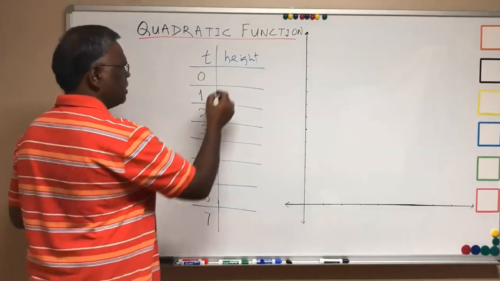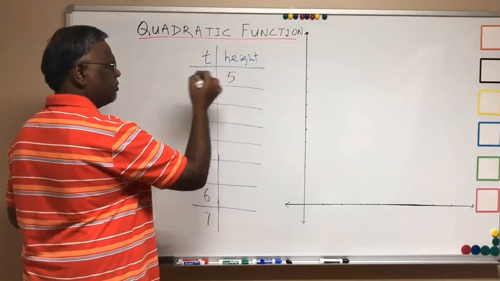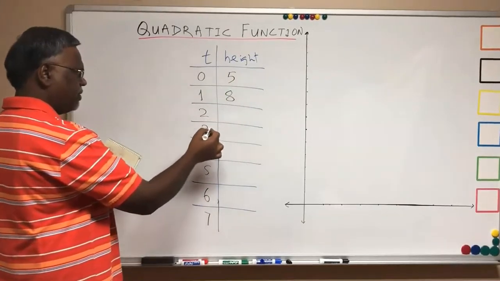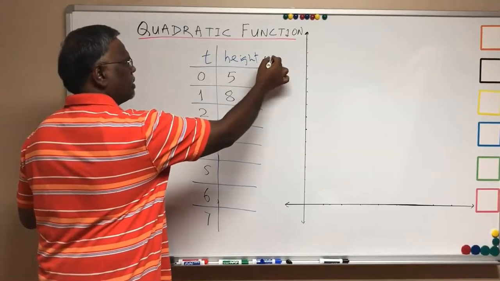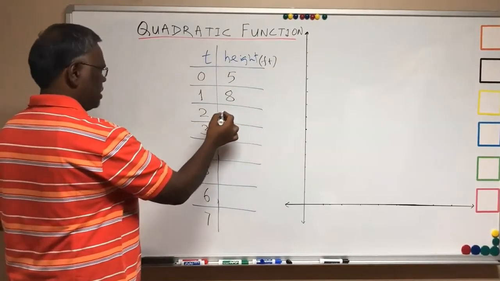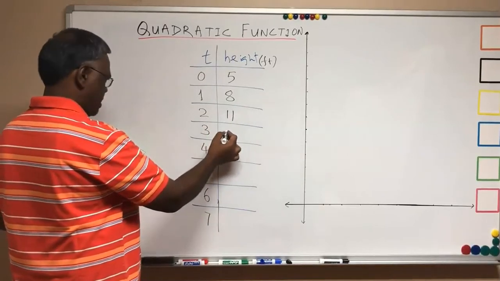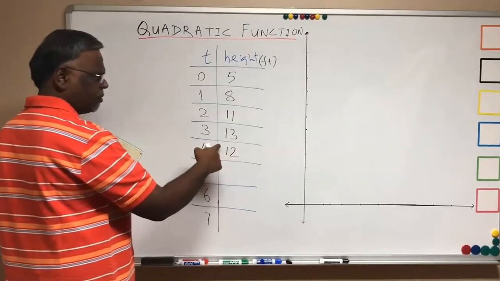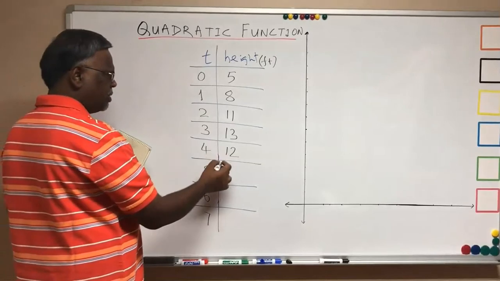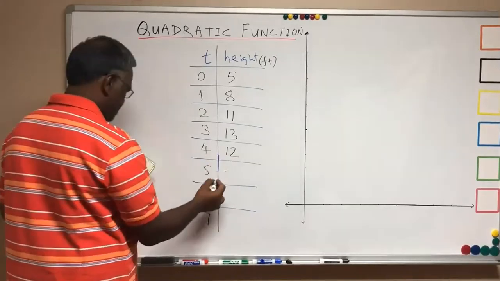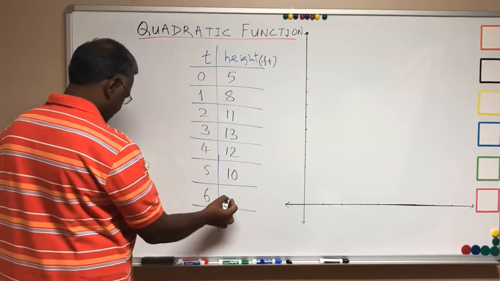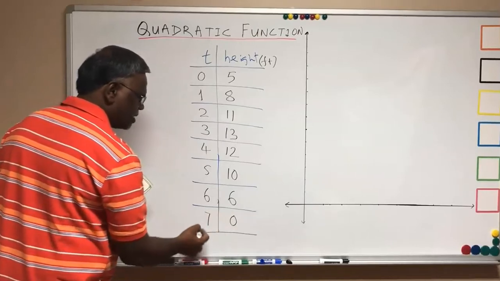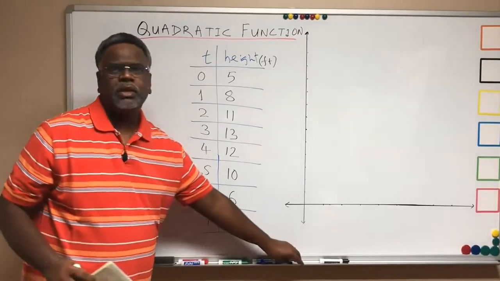And the height, let us say initially it was 5 feet. In 1 second it reached a height of 8 feet, in 2 seconds 11, 3 seconds 13. Then in 4 seconds, see, from 13 it is coming down, so 12 feet, and in 5 seconds it became 10, then 6, and 0. That is, in 7 seconds it reached ground level.